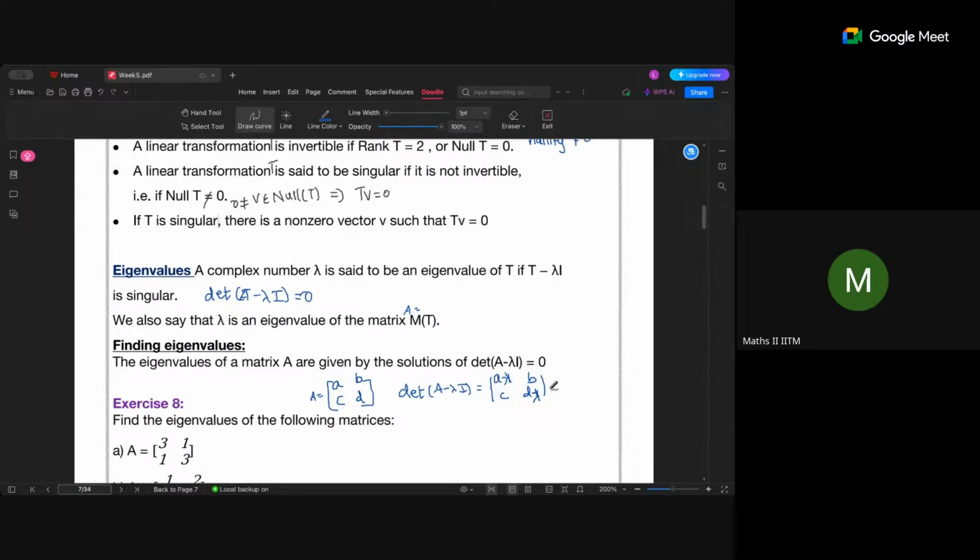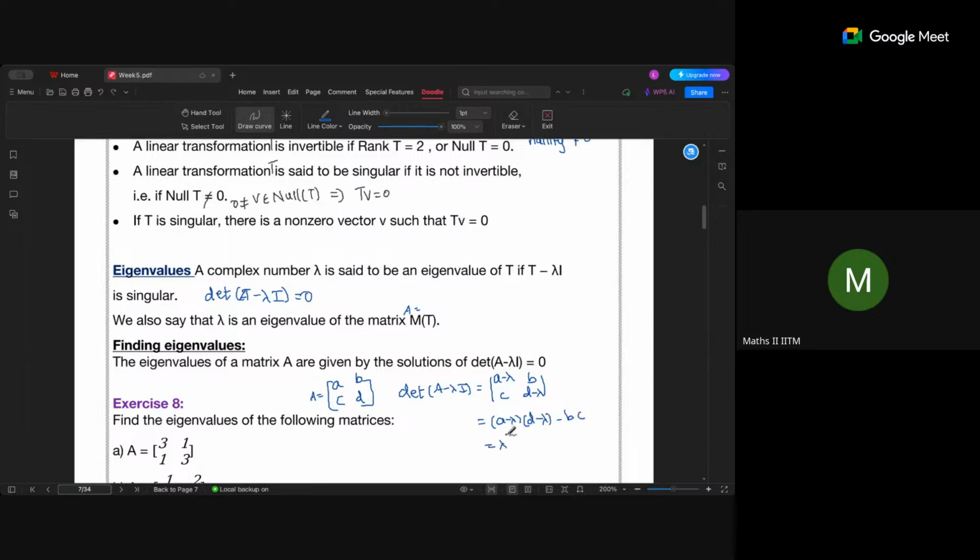Up to this, is this clear what I have done? I've just written a matrix A and then computed determinant of A minus lambda I. This is clear, right? Yes, ma'am, clear.